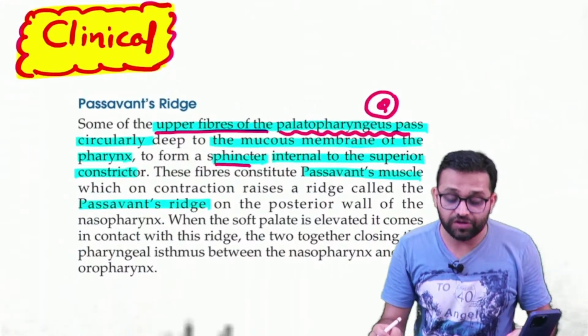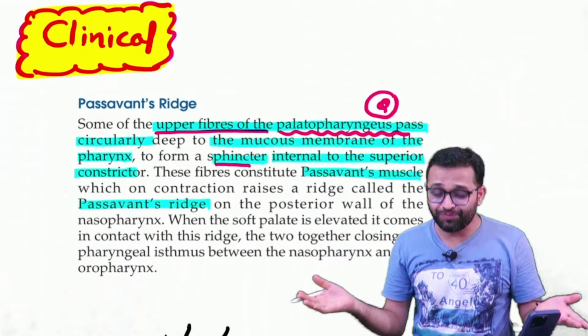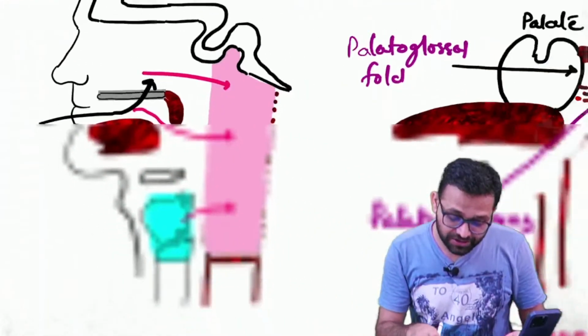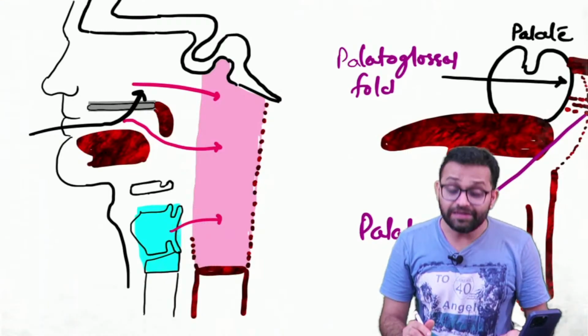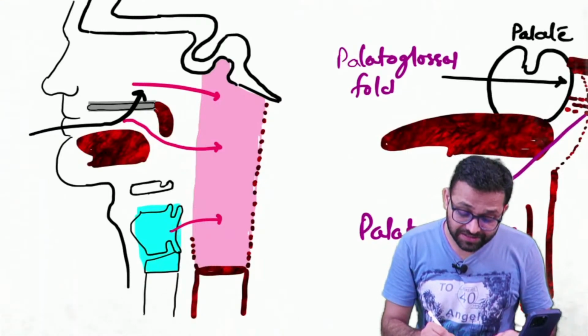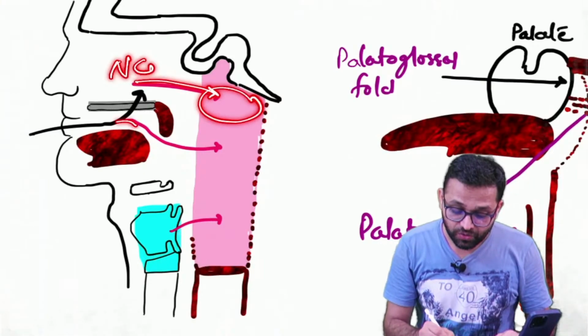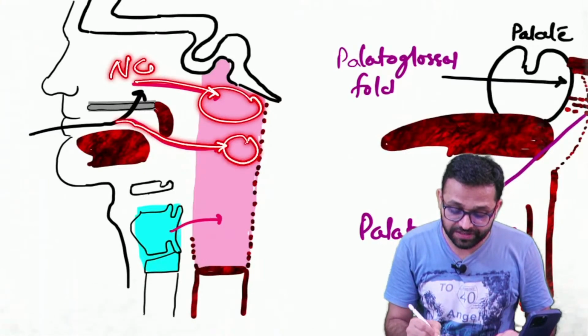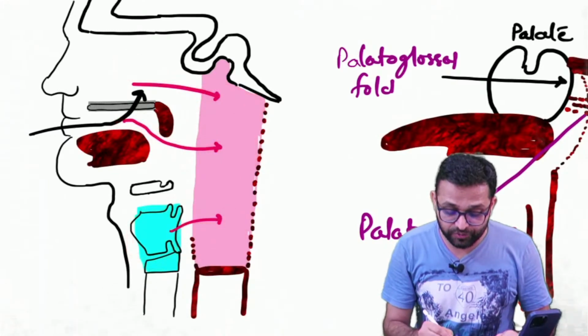Now we are talking about the clinical part. So, Passavant's ridge. Do you remember in our previous class I told you about Passavant's ridge? Just try to understand. In the head, neck and face, this is the nasal cavity, just behind it the nasopharynx. The oral cavity, just behind it the oropharynx. This is the larynx, just behind it the laryngopharynx. During swallowing, what happens?